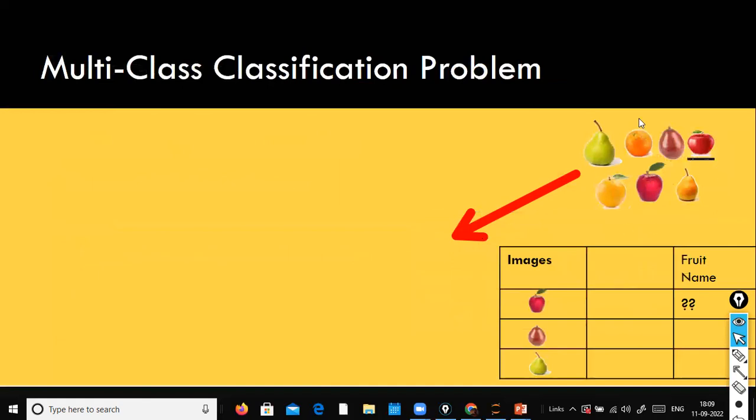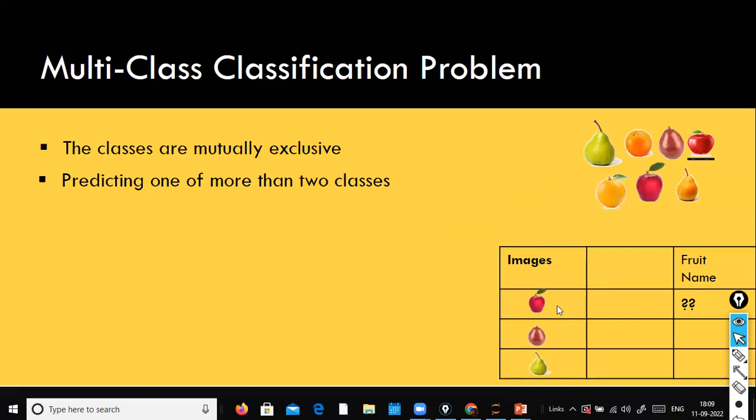Let's say in this case, I have a bunch of fruit images. Now we need to classify which fruit belongs to which category. In this bunch of images, in total we have one, two, three, four, five different fruits. When I show these images to my trained model, it should assign the appropriate class label. In this case, this is an apple, and this is a pear, and even this is also a pear.